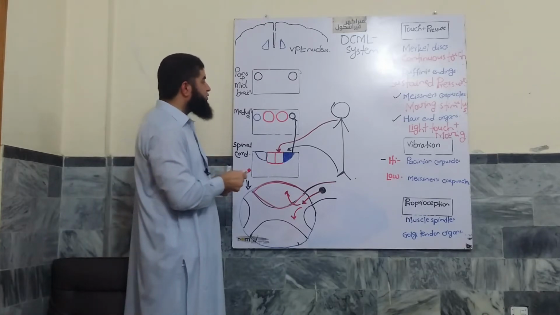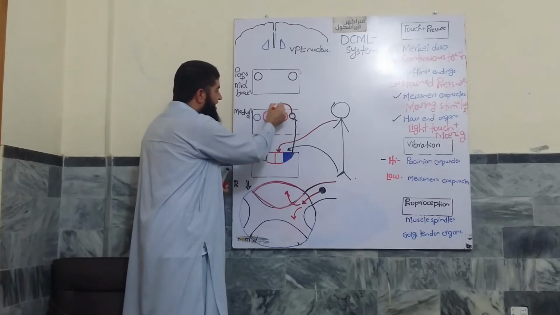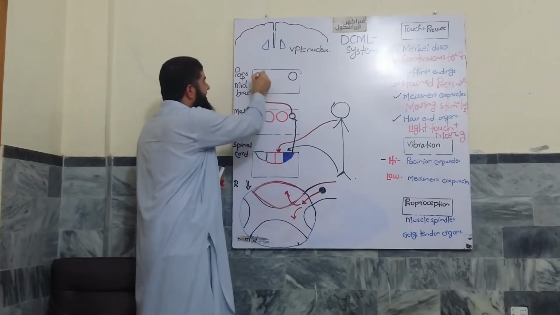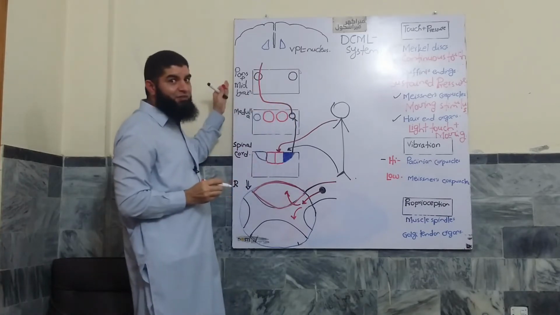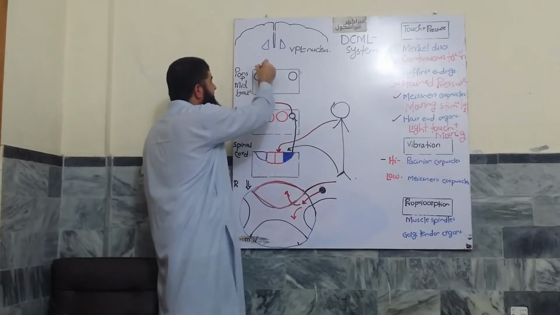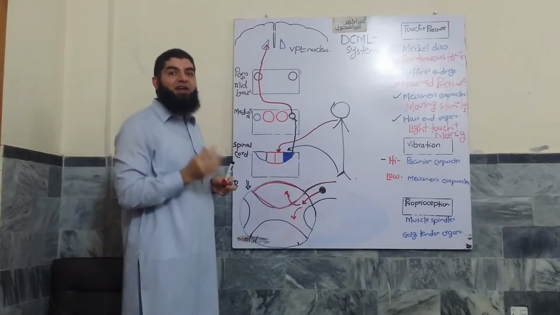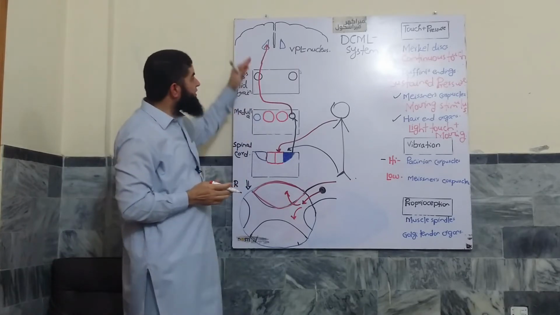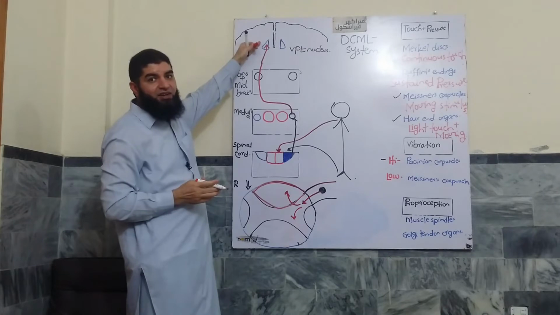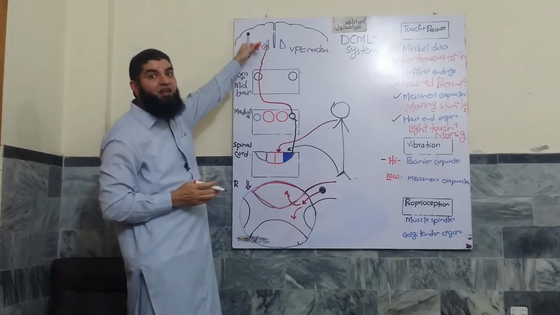Those fibers cross to the opposite side, ascend all the way to the pons and midbrain, and finally terminate in the contralateral thalamic nuclei, particularly the ventral posterolateral nuclei of the thalamus on the opposite side.